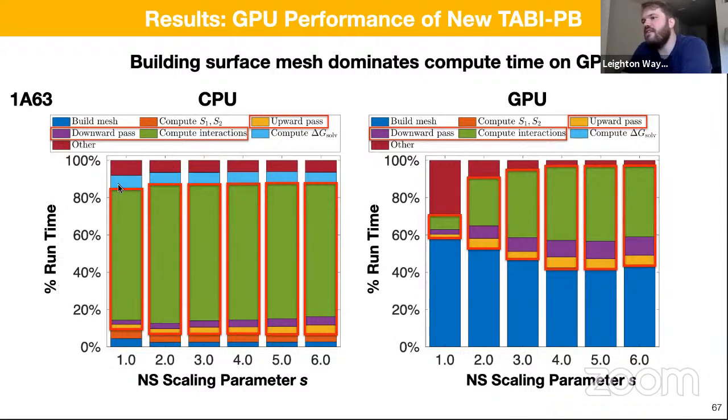This blue part is at the end computing the solvation energy, and this red part is other operations. So we put it on the GPU, and there are other things that start to dominate what takes a lot of time. Down at a NanoShaper scaling parameter of 1, we're really spending barely any time doing our actual matrix vector compute. We have a lot of this other compute here, and we're more dominated by just the time to build the mesh on the CPU.